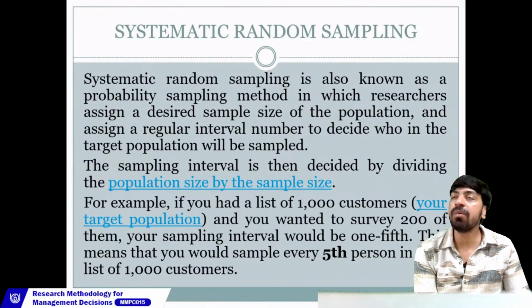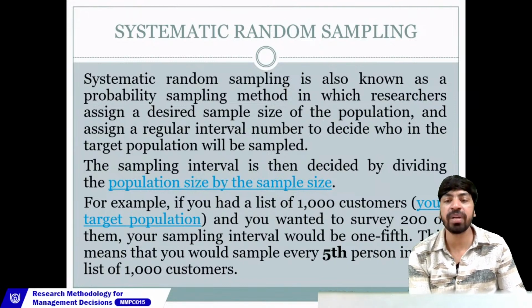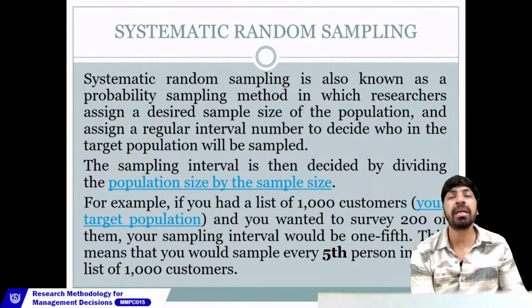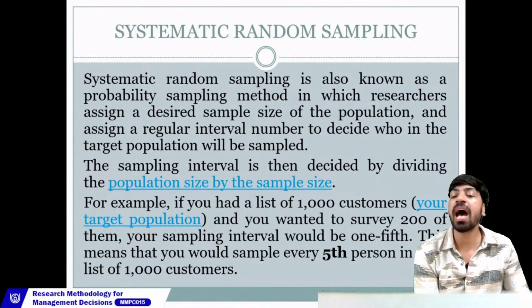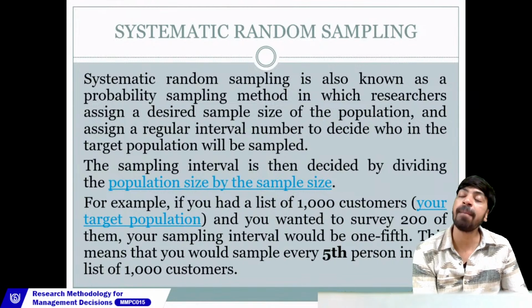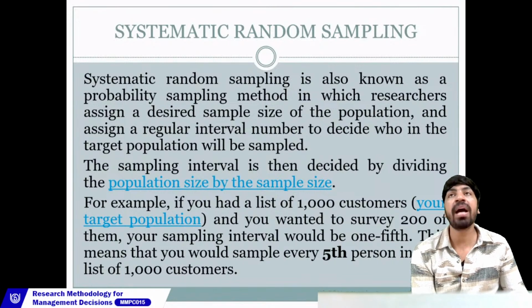So 1000 divided by 200 would be 5. So the sampling interval would be 1/5.